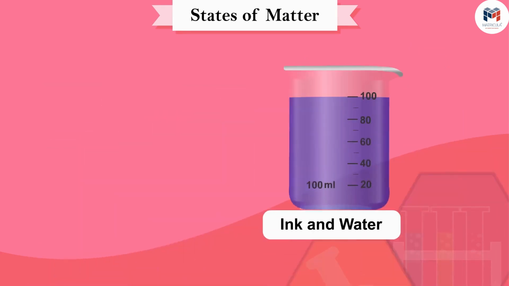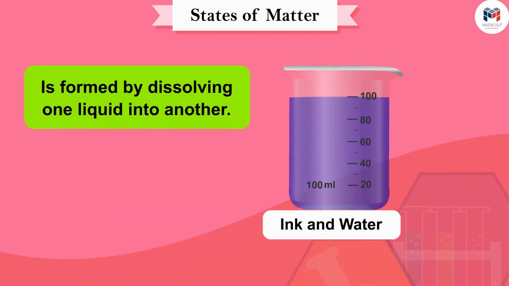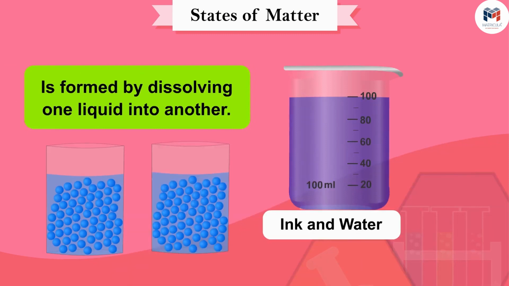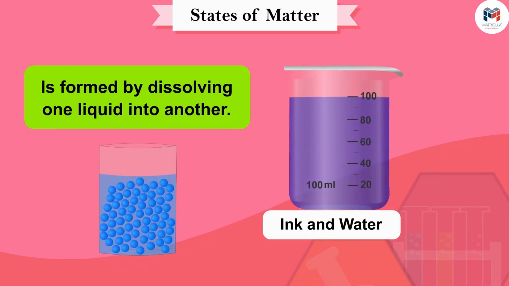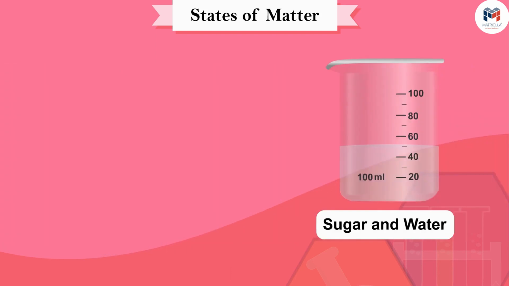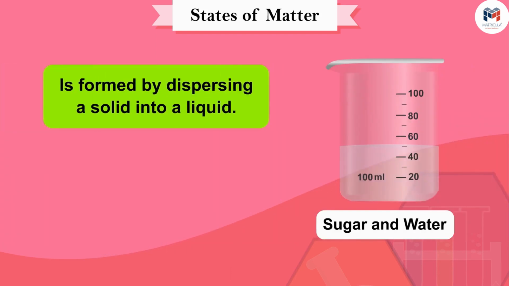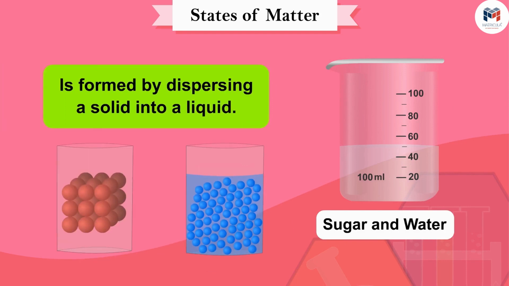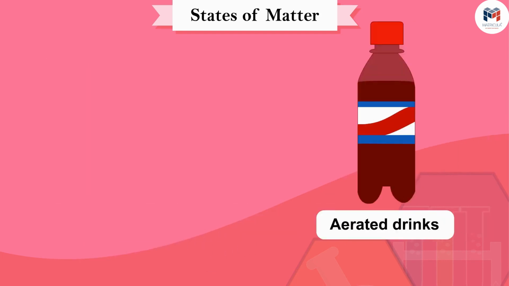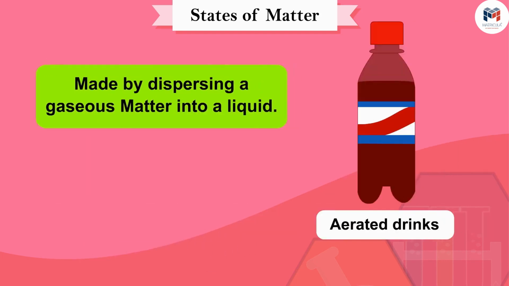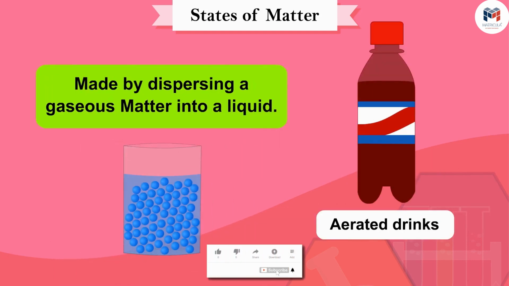The ink and water solution is formed by dissolving one liquid into another. A solution of sugar and water is formed by dispersing a solid into a liquid. And aerated drinks are made by dispersing a gaseous matter into a liquid.